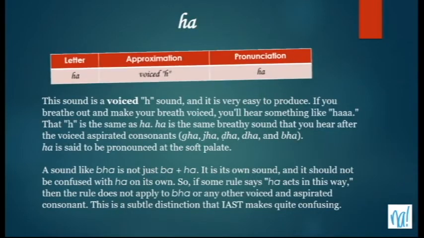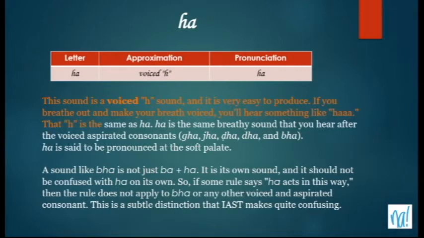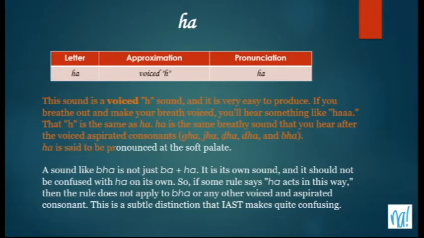ha. This sound is a voiced H sound, and it is very easy to produce. If you breathe out and make your breath voiced, you'll hear something like hara. That H is the same breathy sound that you hear after the voiced aspirated consonants: kha, gha, jha, dha, bha. ha is said to be pronounced at the soft palate.